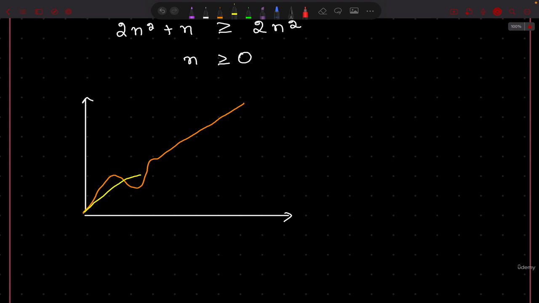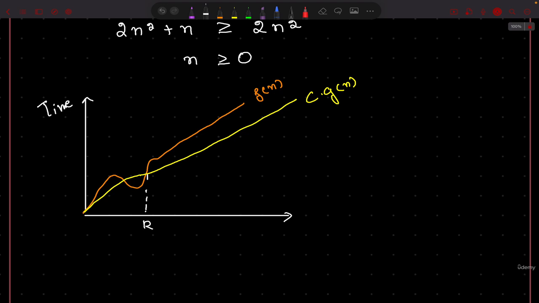So after some particular point k, I am 100% sure that now my f of n is always going to be greater than c dot g of n. This point we can again say k, okay, so this k is always greater than 0 as well. This is the time and this is your n, right? So this is the mathematical way of defining it.